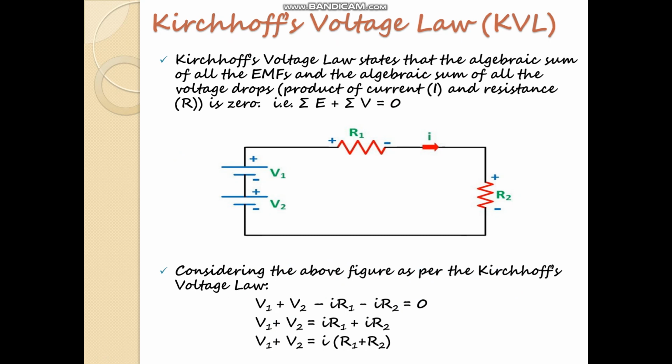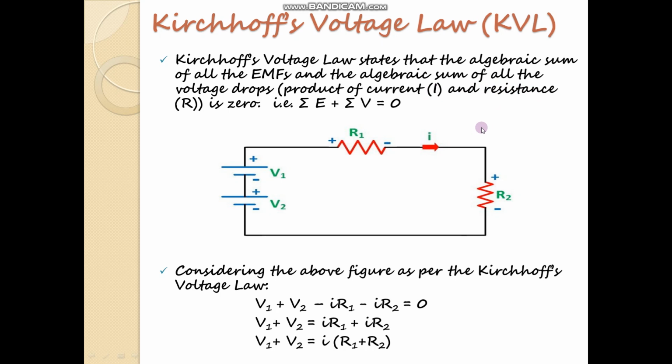First one is Kirchhoff's voltage law, KVL. What is the statement? It states that the algebraic sum of all the EMFs and the algebraic sum of all the voltage drops, meaning all the voltage rises and voltage drops. What is the drop? Here the drop is the product of current and resistance.